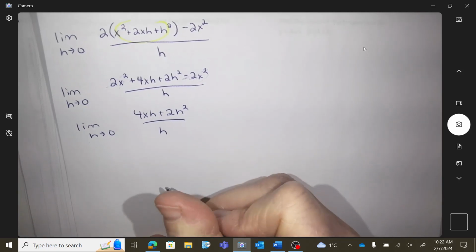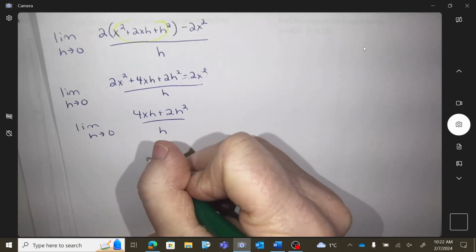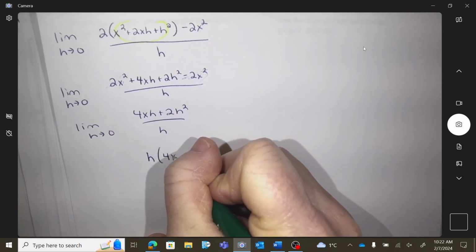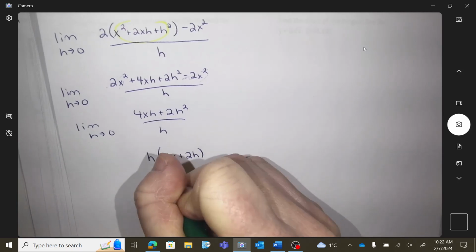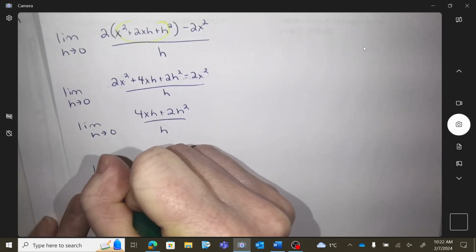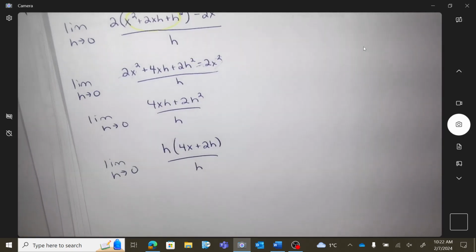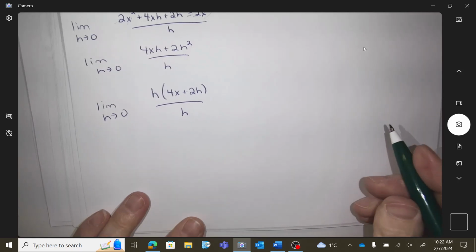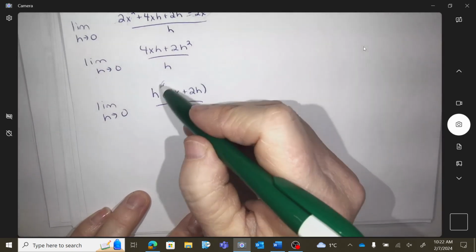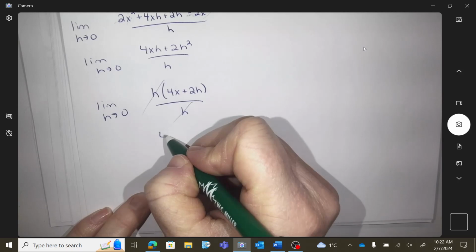Next algebra is a GCF on top, right? You see that? Next algebra is a cancel.